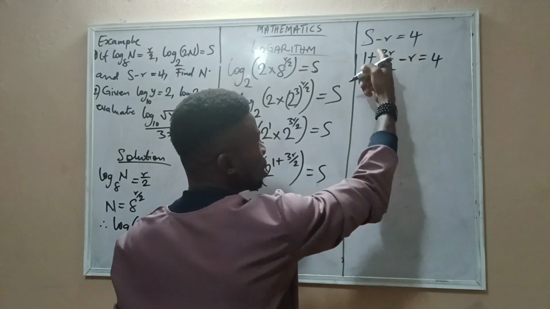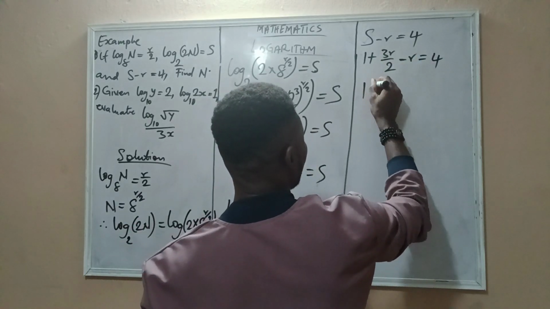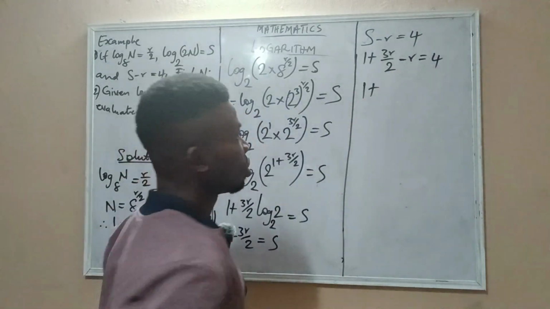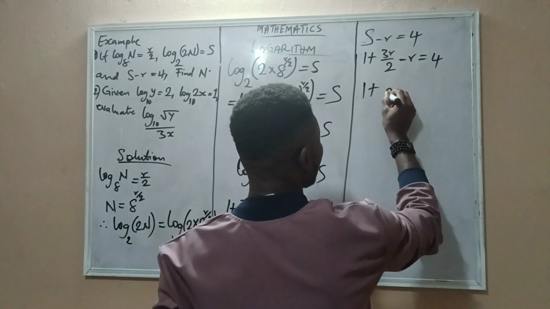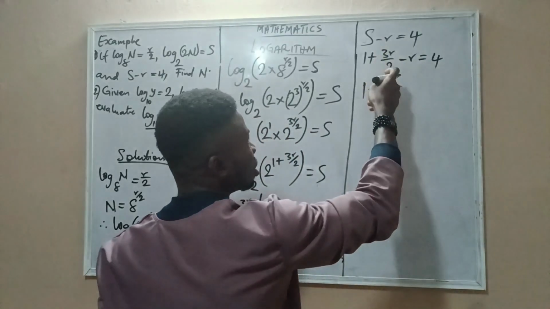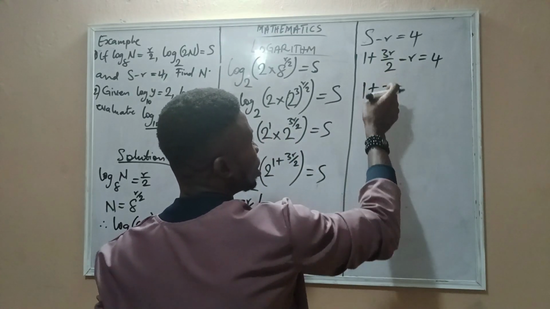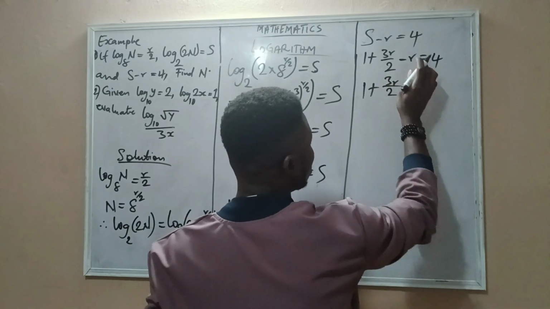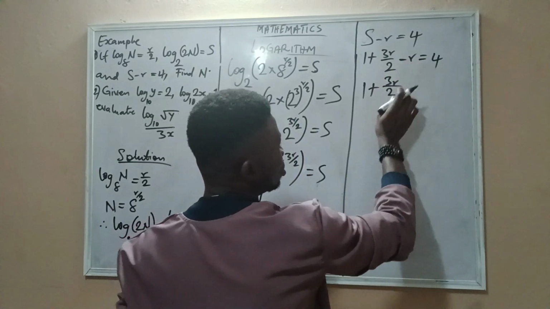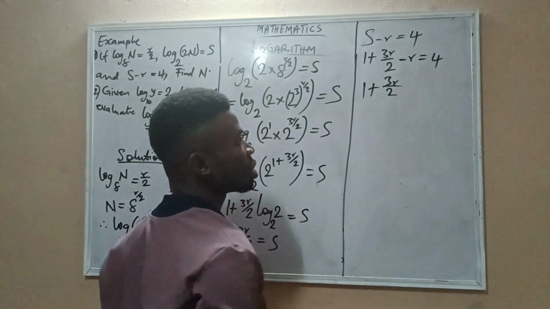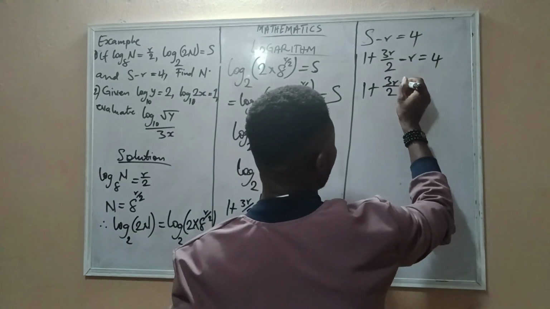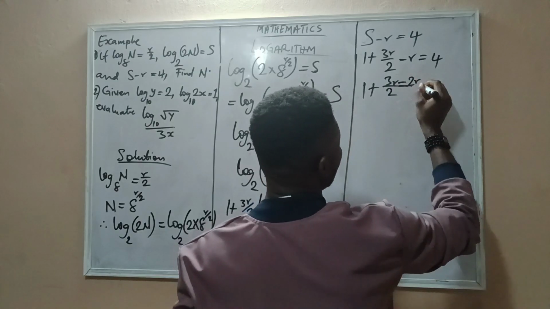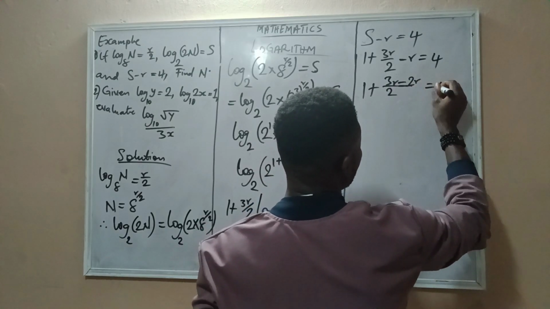So when you're adding 3r over 2 minus r, the LCM there is 2. So 2 into 1, we have 2, plus 3r, minus 2 times r is 2r, all over 2, is equal to 4.